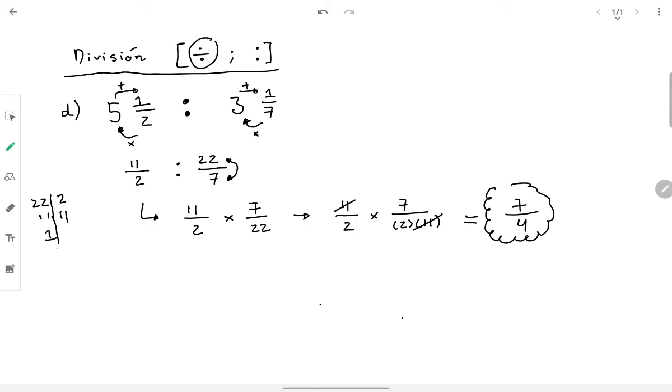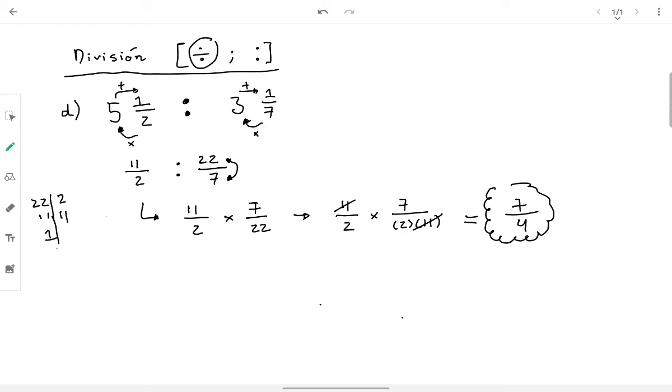So as I was telling you, if we make this decomposition, we will have a very easy multiplication and not a very difficult one. So I prefer to use this method over doing first the multiplication and then the simplification. So it's up to you guys.